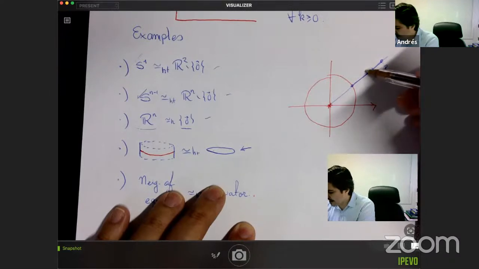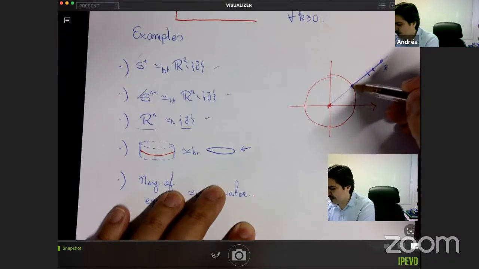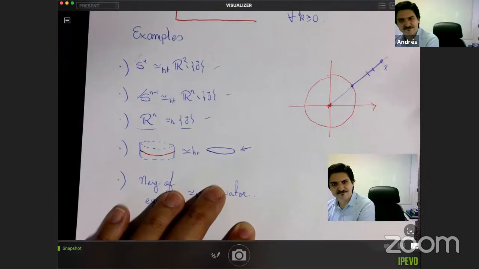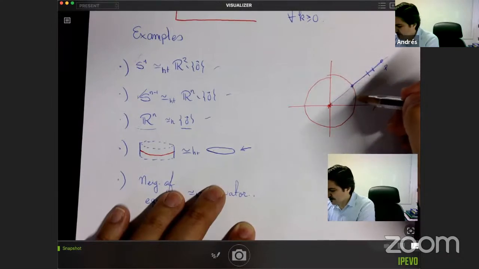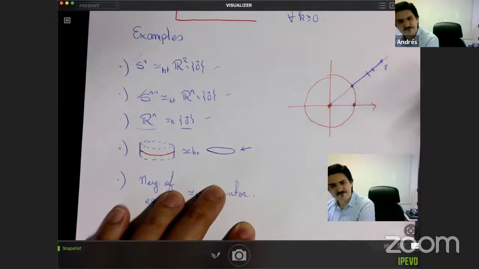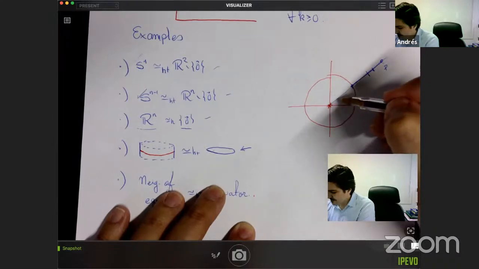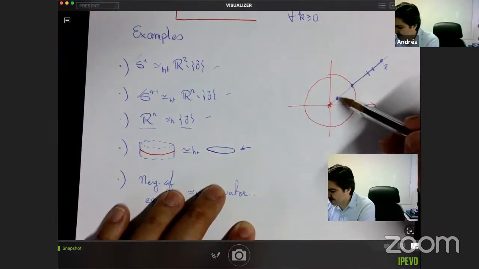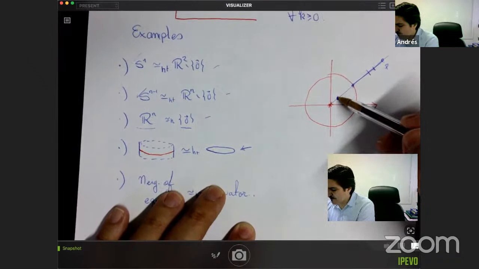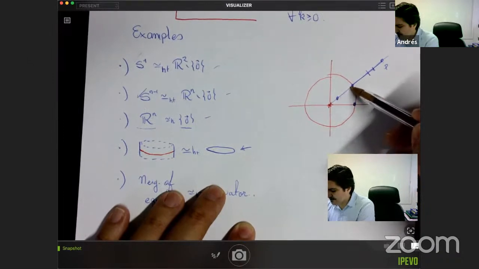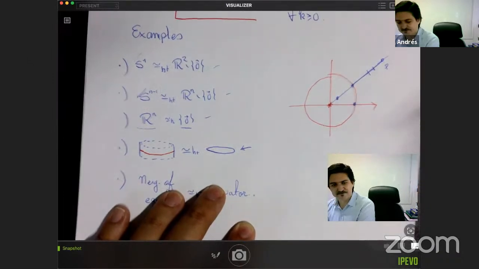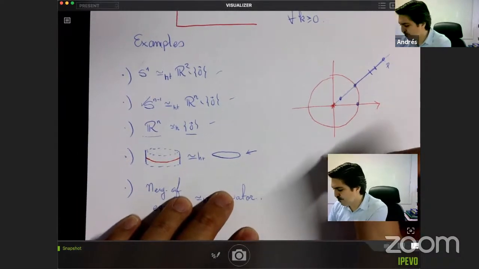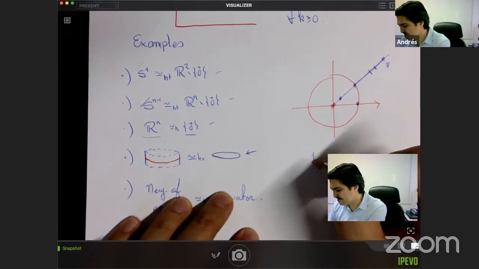At time 1/2, and at time 1, I'm here. If instead I start with this point, it will never move. If I start with this point, at time 0 it is there, and it will move until time 1 it is here. Do you remember what was the map?